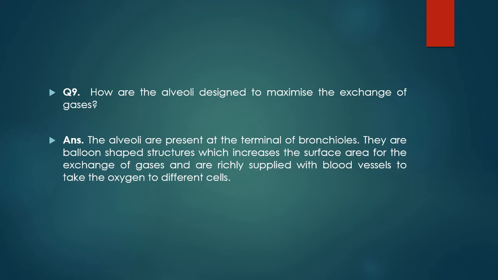Alveoli are balloon-shaped structures which increase the surface area for the exchange of gases and are richly supplied with thin blood vessels, to take the oxygen to different cells, right? In this exchange of gases, oxygen or CO2 moves between the vein or artery and the alveoli, right?